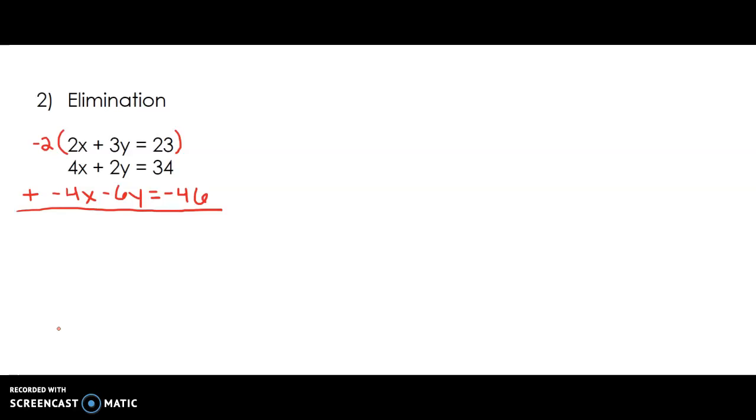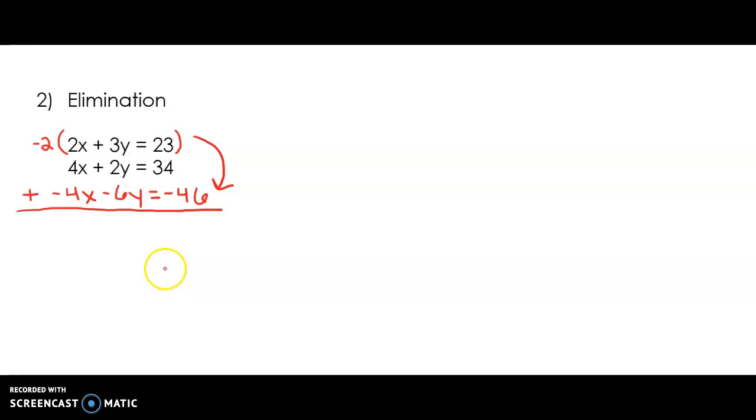Again, ultimately what we're doing is trying to combine our 2 equations together so that one of our variables can cancel out. When I'm looking at the coefficients in front of my x variables in both of these equations, I see that 4 is a multiple of 2. If I multiply this entire first equation by negative 2, that's going to give me this equation down here.